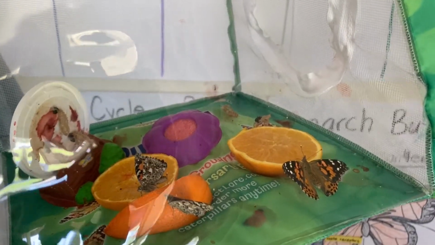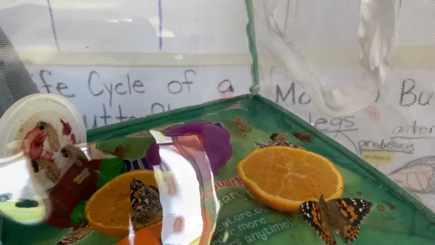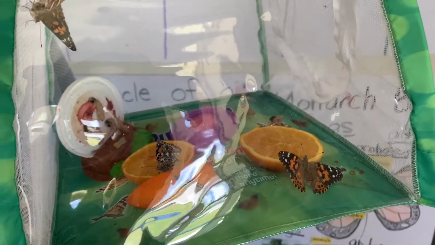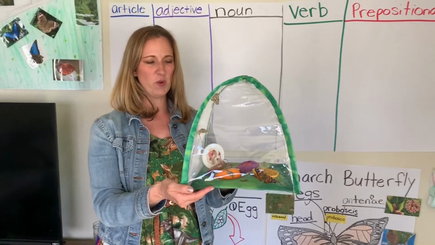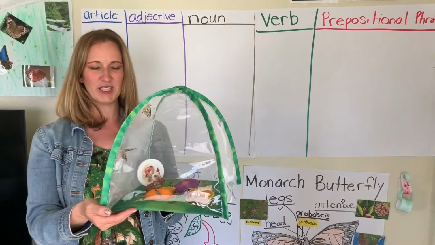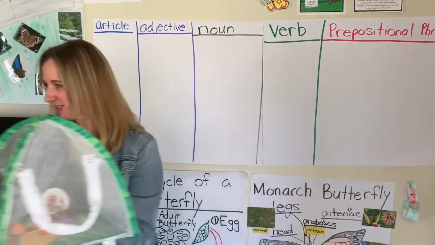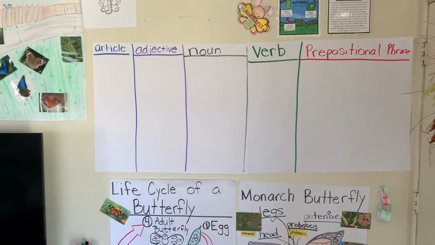And you can see them flapping their wings. And they're in their habitat right now. Aren't they beautiful and colorful? You can see their antennae and their orange. They're just magnificent.